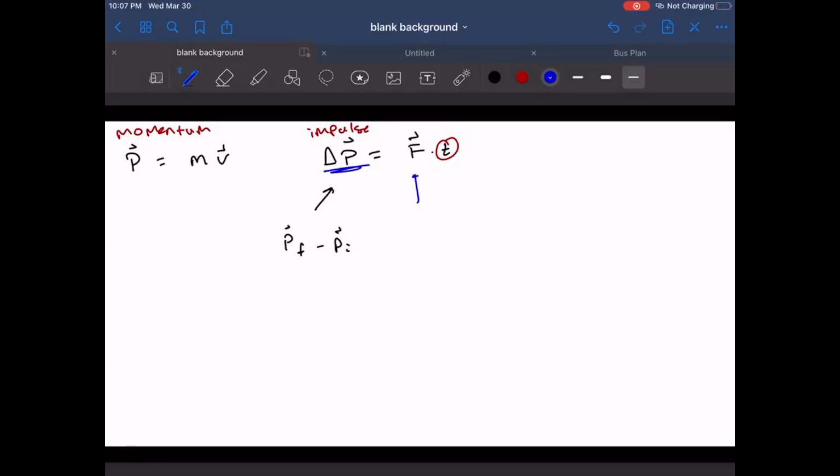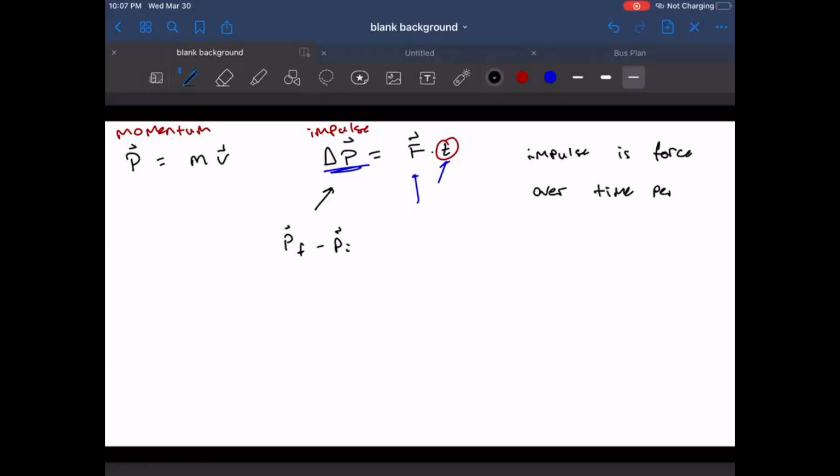Well, it's a multiplication. It's not divided by. So that means this is really big. But it's not the only thing that matters. It's the time interval. Because impulse is a product, it's force times time, is force over a time period or multiplied. That's what the equation means.